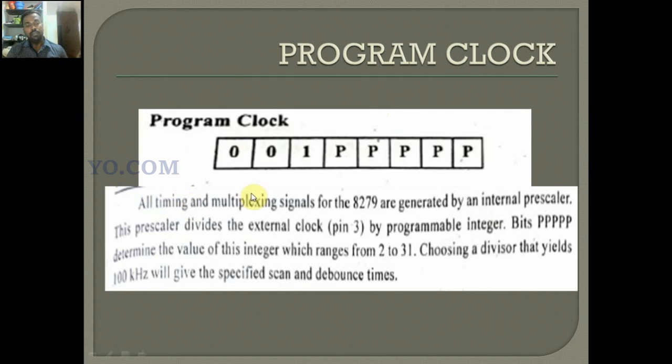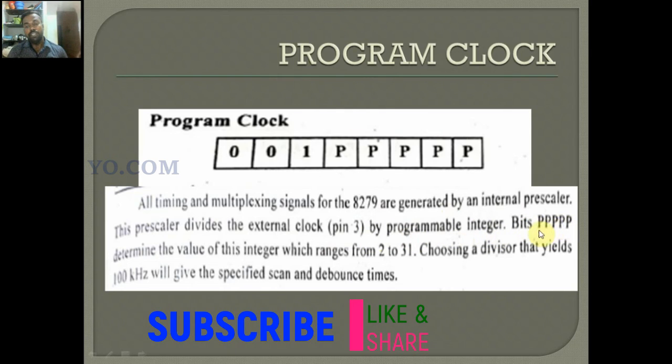All the time, the multiplexing signal for the 8279 is generated by the internal prescaler. This prescaler divides the external clock at pin number 3 by a programmable integer. The five bits determine the value of the integer, which ranges from 2 to 31.